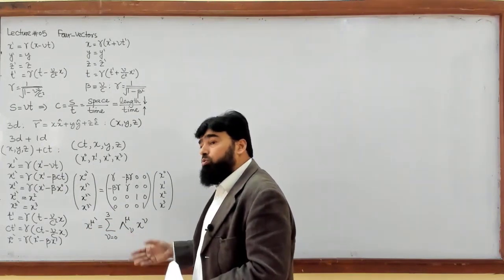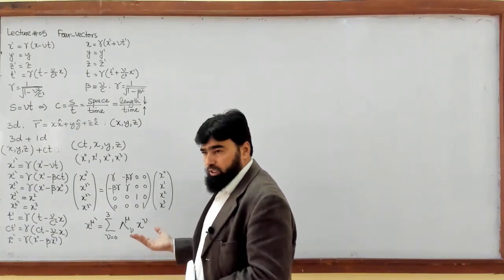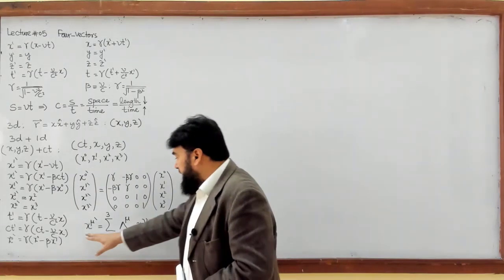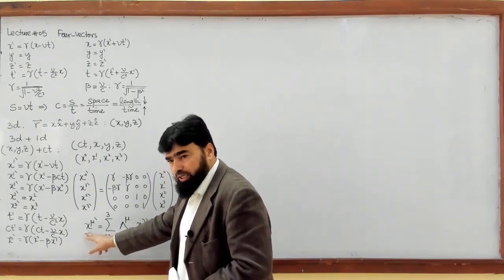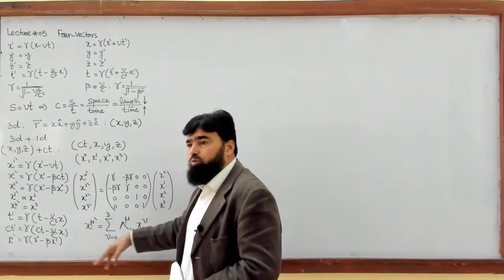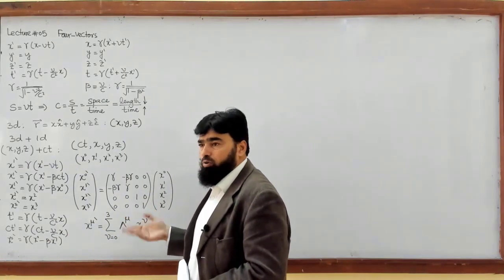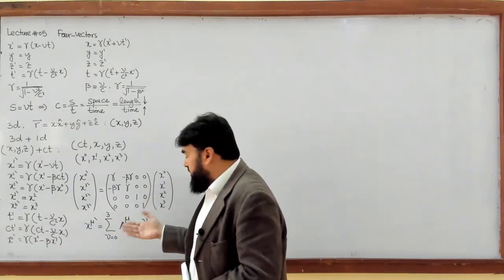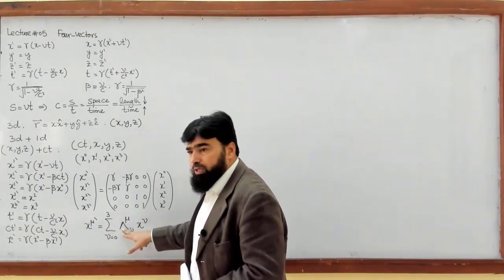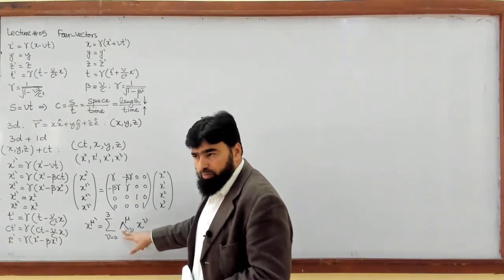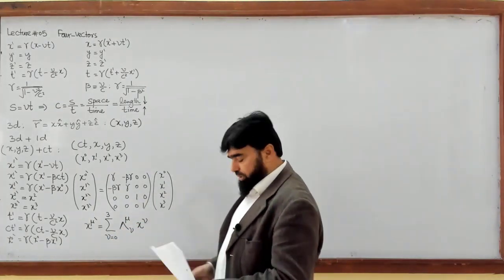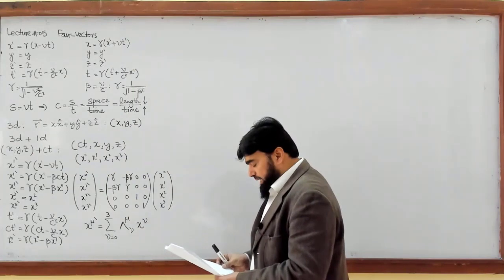Or we can go for any other quantity, like for example, here it is the space. We can go for velocity, for acceleration, and then the lambda will become more complex, but the structure of the equation will be the same.